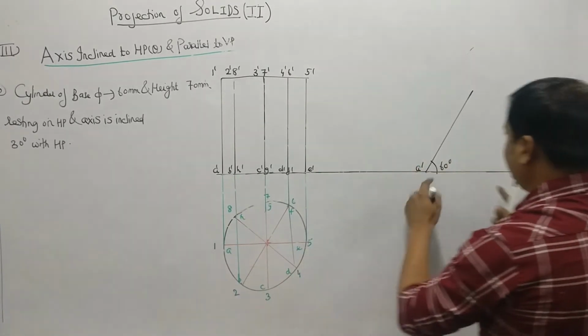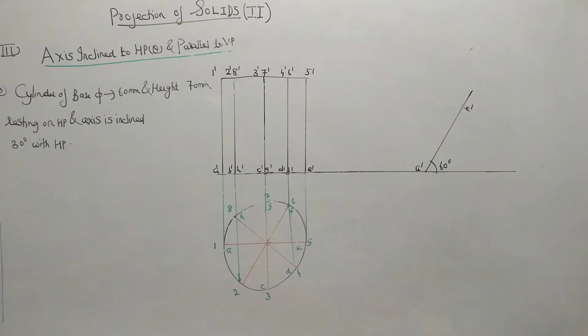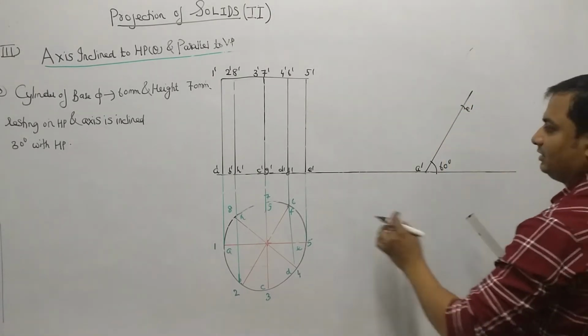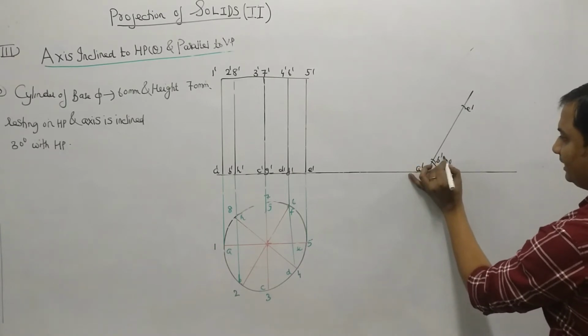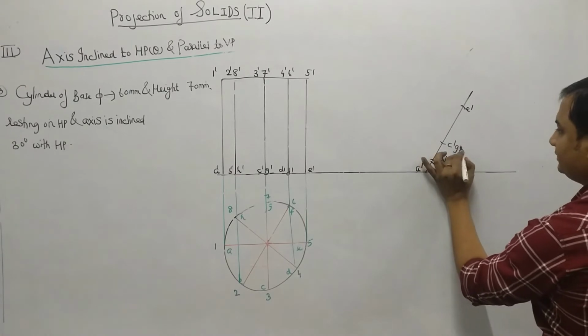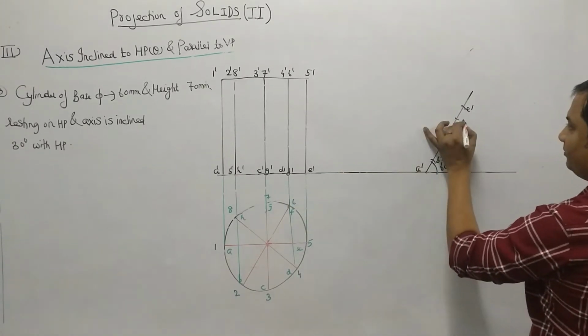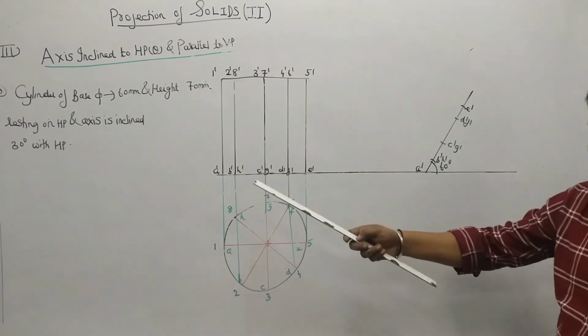Measure this. Keep here. This is E dash. Measure this. B dash, H dash. Measure this and cut. C dash, G dash. Measure this and cut. D dash, F dash. So obtain all the points from here and just plot it here.